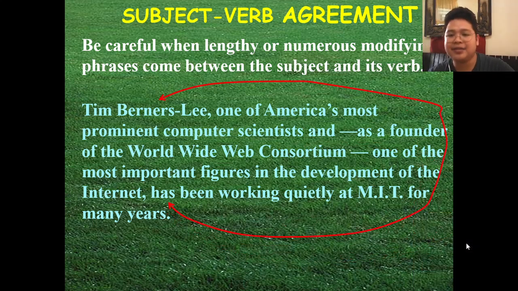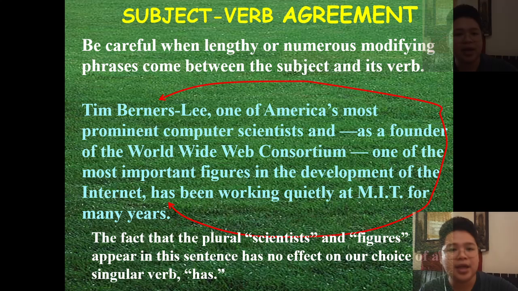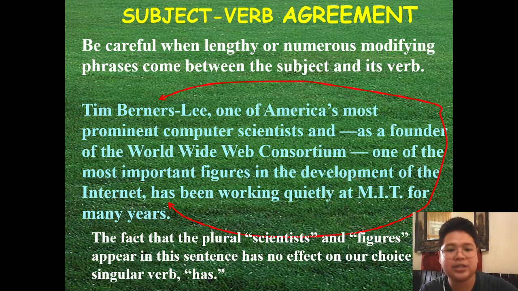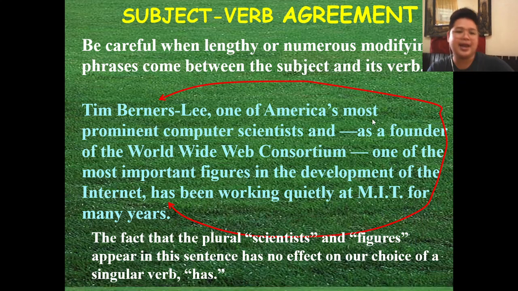The fact that the plural scientists and figures appear in this sentence has no effect on our choice of a singular verb has. We have to use has because we're just talking about Tim Berners-Lee. All right, next.